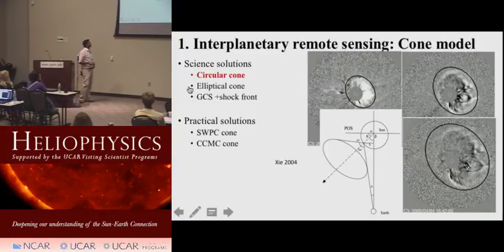The cone model is done pre-stereo predominantly. The idea is that you've seen this coronagraphic image, so back at the sun, you don't really have three views on the sun. You don't have stereo. You can't look back and triangulate. So you've just got one image from the Earth looking at the sun, and this CME is coming and hitting you.